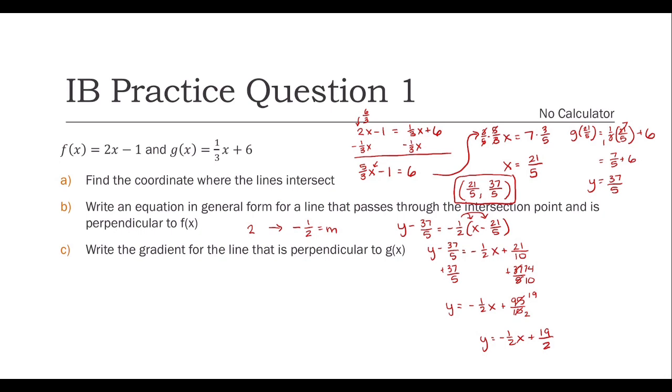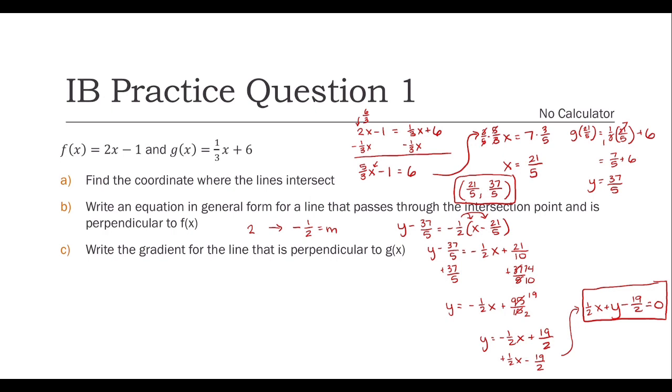So our equation needs to be in the general form. So we'll move our negative 1/2 x plus 19 over 2 to the other side by adding 1/2 x and subtracting 19 over 2. So we get 1/2 x plus y minus 19 over 2 equals 0. So there is our equation in the general form.